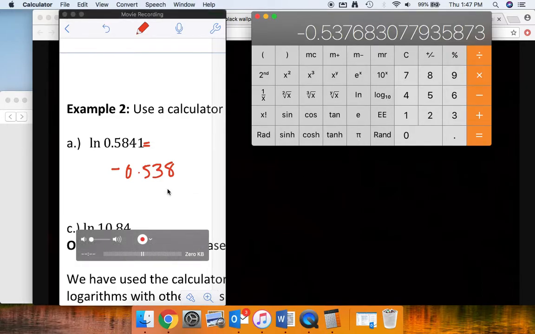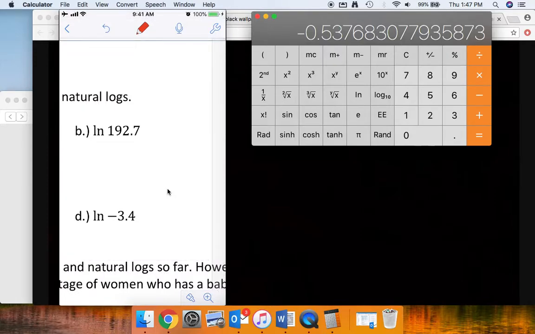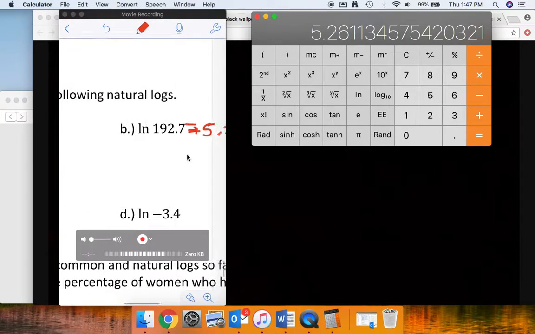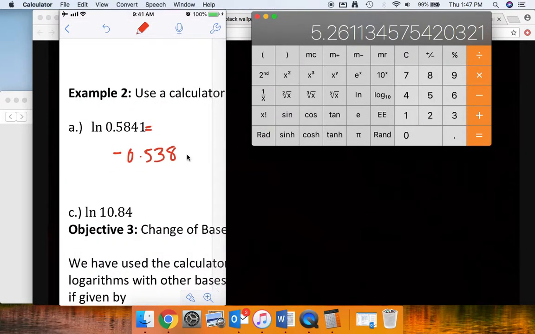Okay, let's try another one. ln of 192.7. ln of that is 5.261. Fabulous. And that makes sense, right? It's a really big number. The other one was a pretty small number, 0.584. That is a fraction, right?